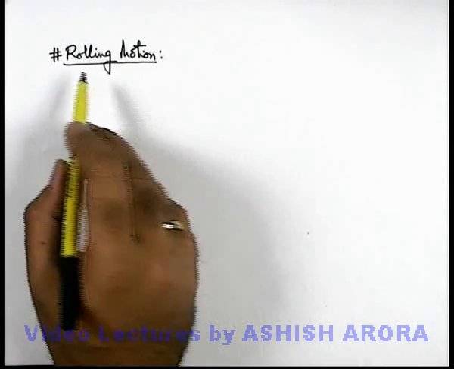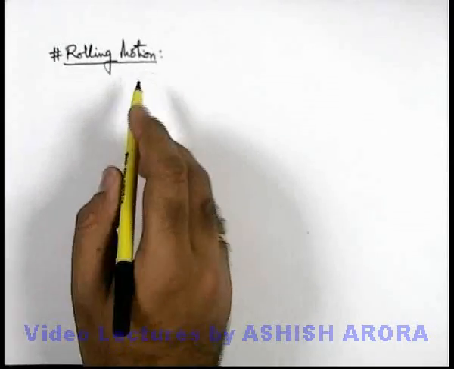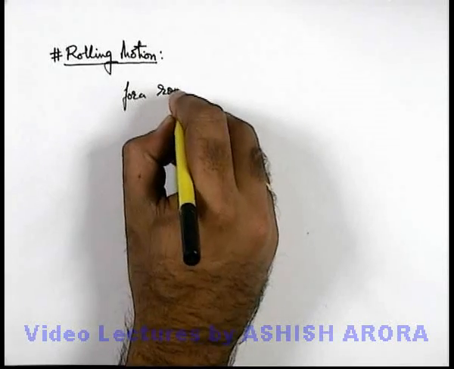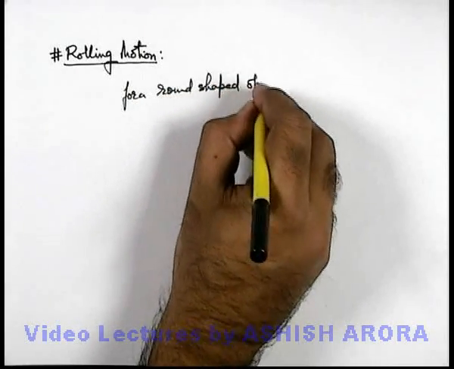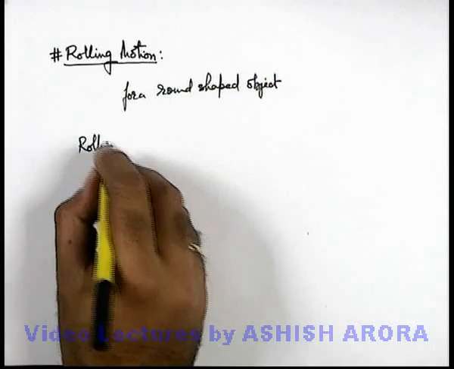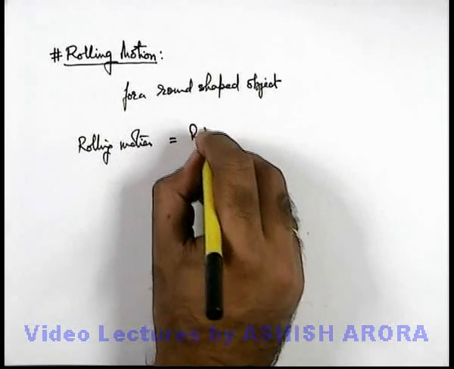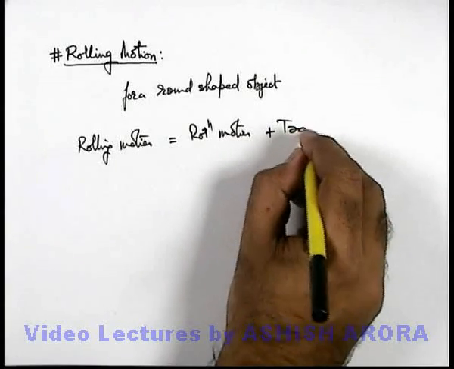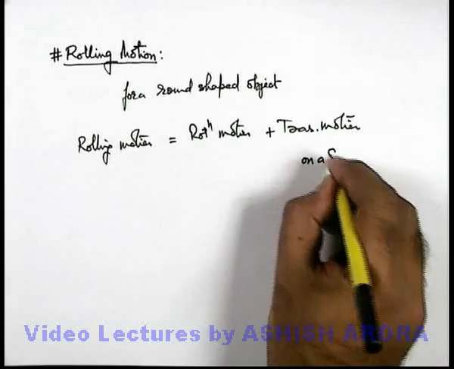Now we'll discuss rolling motion. When we talk about rolling motion, we can state that for a round-shaped object, this rolling motion can be defined as a combination of rotational motion and translational motion on a surface.